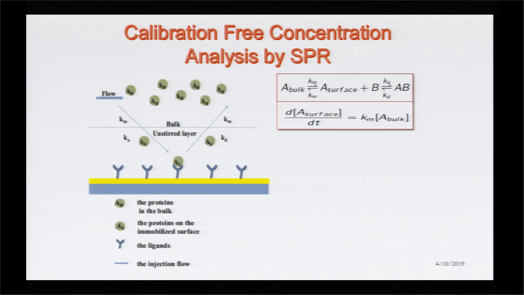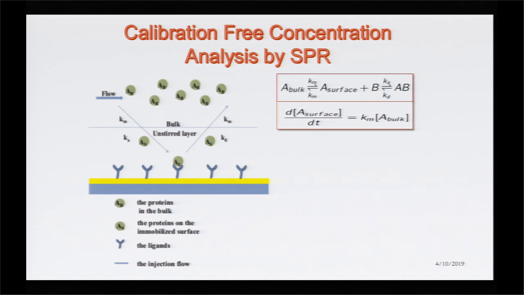The left is the binding rate, and the right is the constant times the concentration. So if we know the binding rate and we know the constant, we can calculate the concentration directly without any external standard. So this will be an absolute quantitation method.